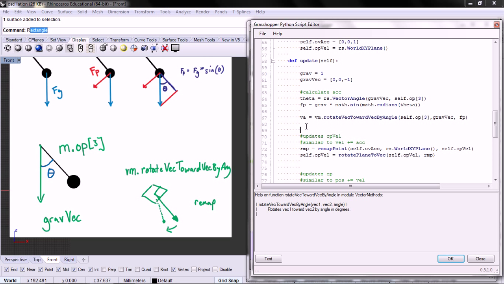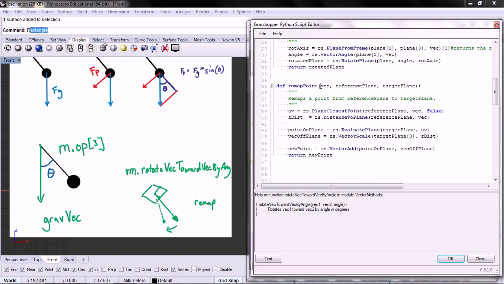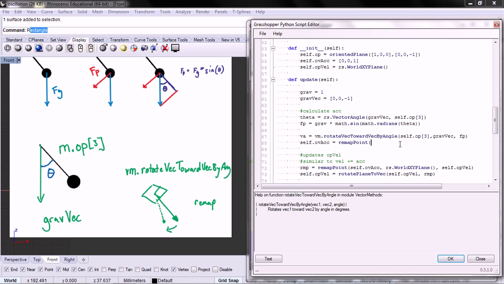And then we're going to remap this to the world. So this is going to give us our self.OV of acceleration. Up here we're going to update it to whatever this is remapped. Remap point, and what do we remap? Vector, and then reference plane, target plane. So the vector is going to be the VA.